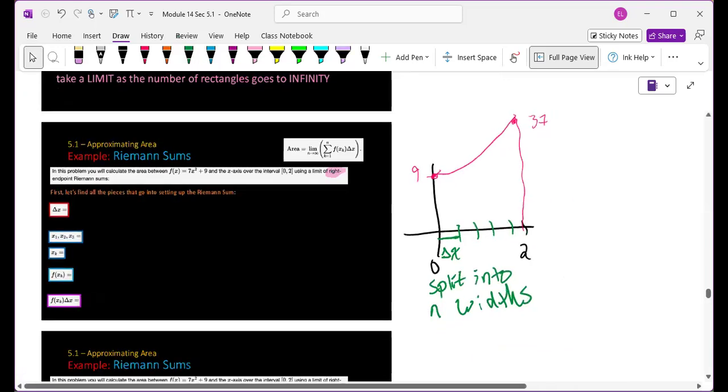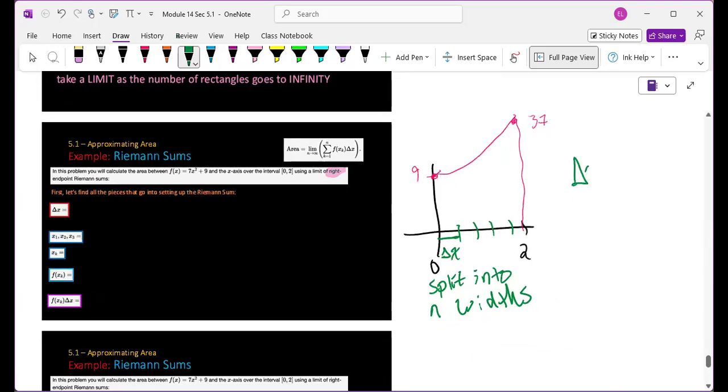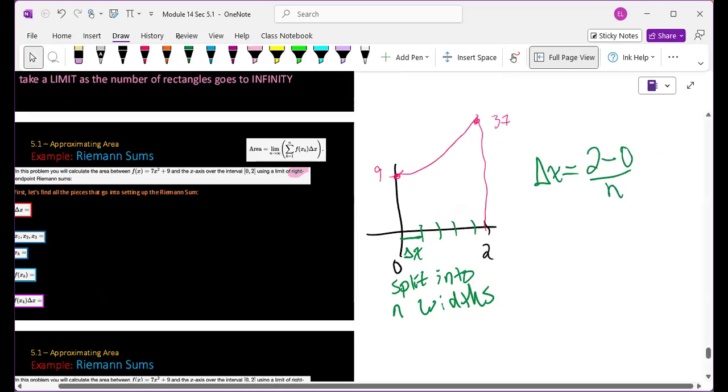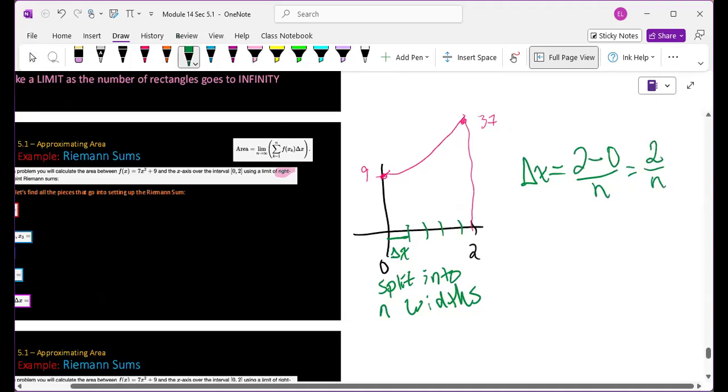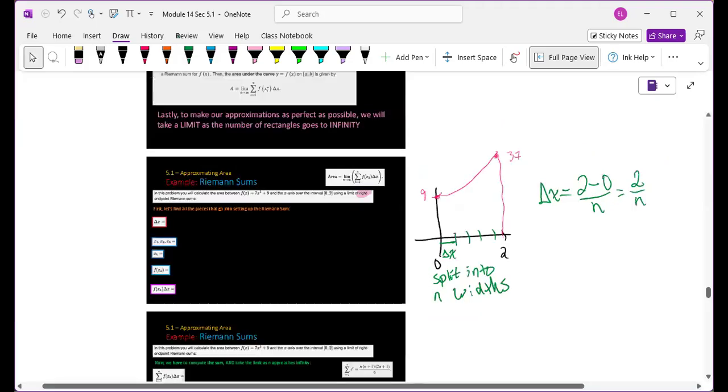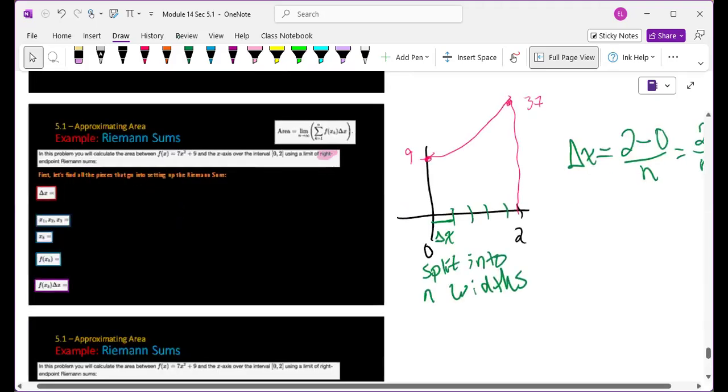Our delta x is 2 minus 0 over n, so it is 2 over n. If we were doing 4 rectangles, they'd be 2 over 4 units wide, a half a unit. If we're doing 10 rectangles, they'd be 2 over 10, which is 1/5 of a unit wide. If we're only doing 2 rectangles, 2 over 2 is 1. They'd be 1 unit wide. It'd be a very rough approximation, but it is still getting there.